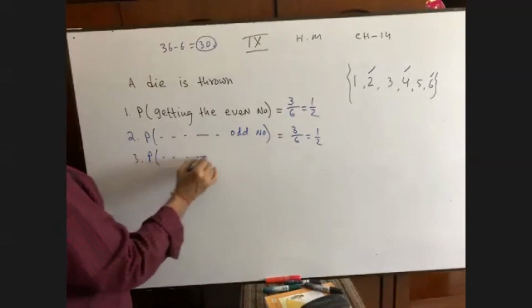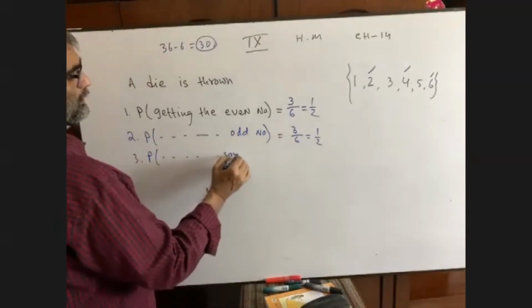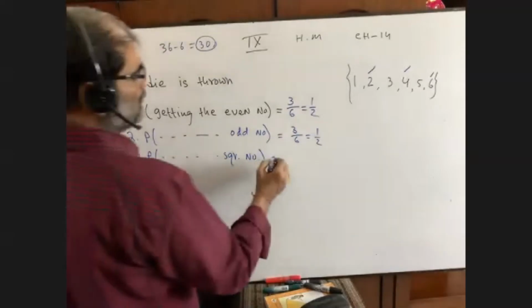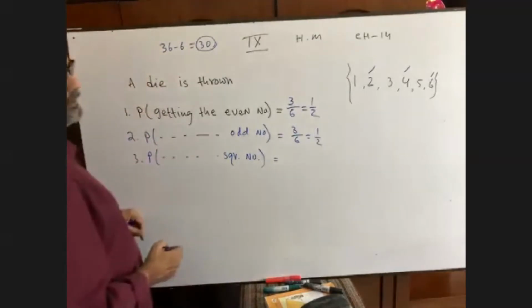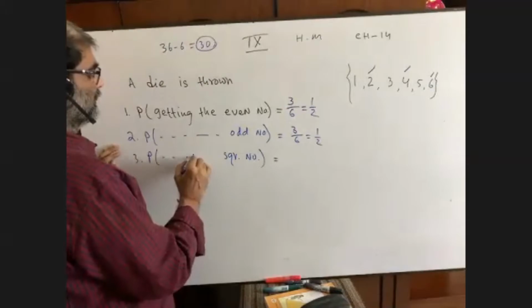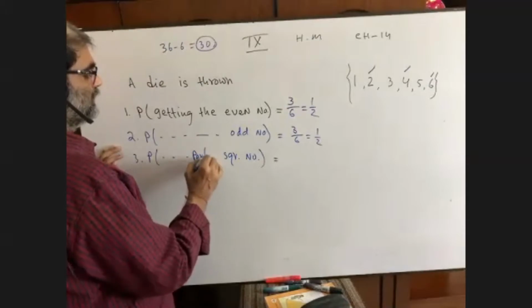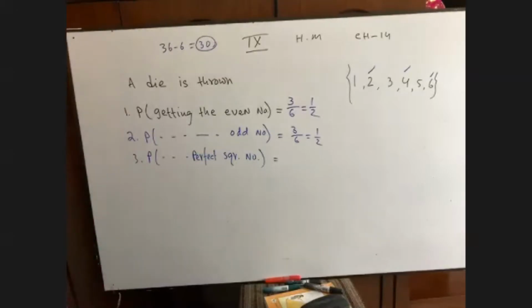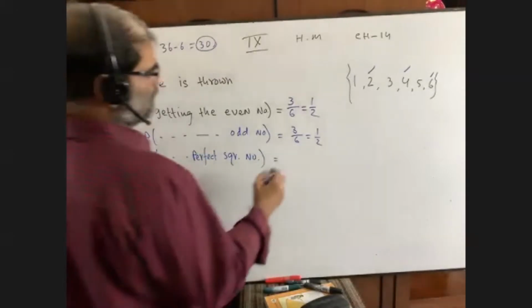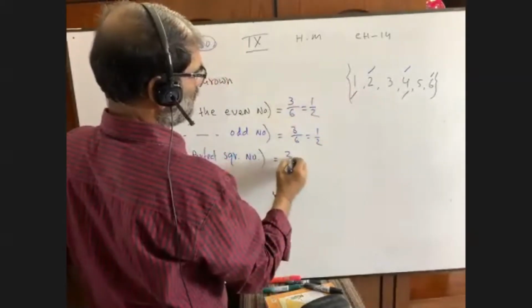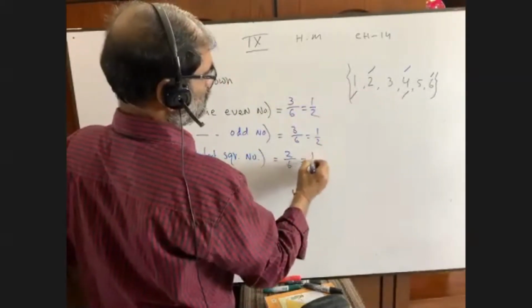Probability of getting a square number. How many square numbers are there? A square number means a perfect square. The perfect squares are 1 and 4, so that is 2 by 6 equals to 1 by 3.